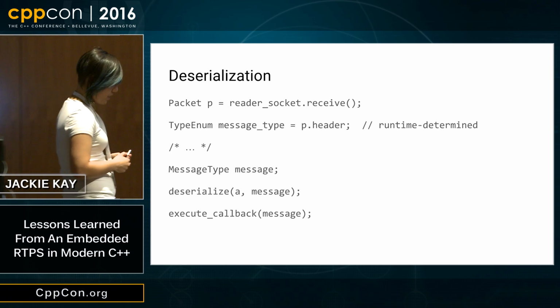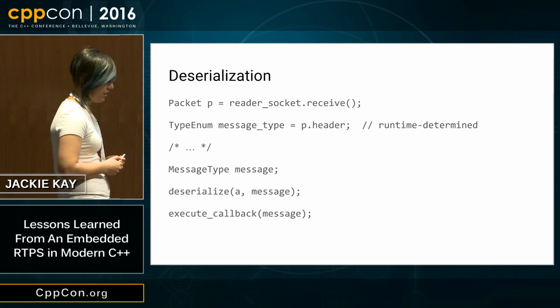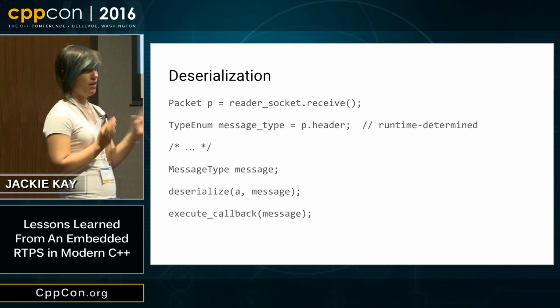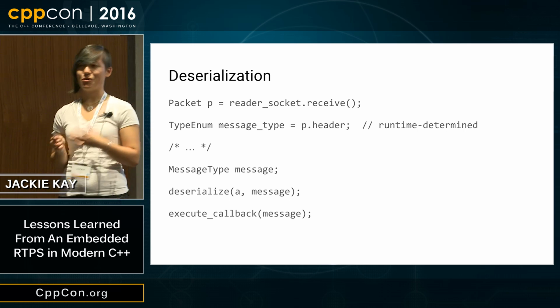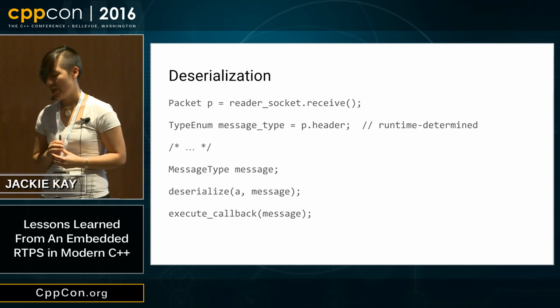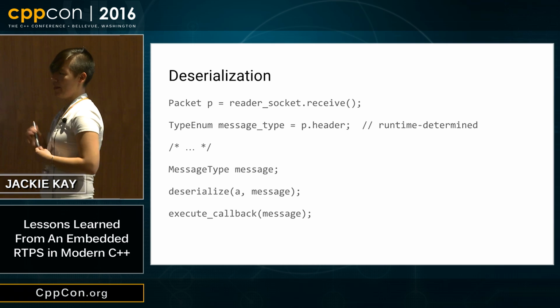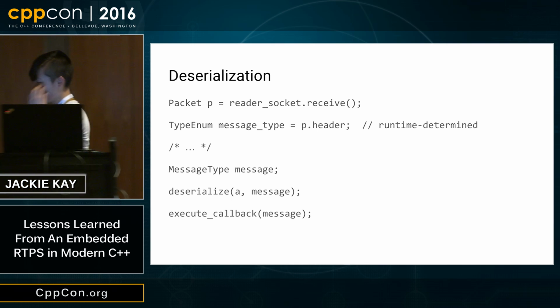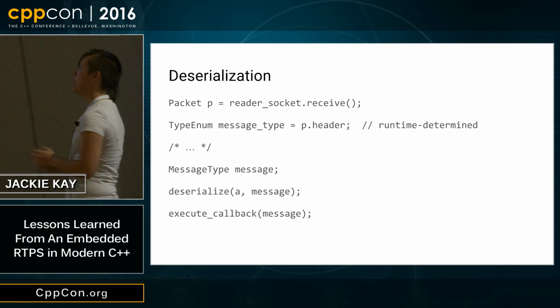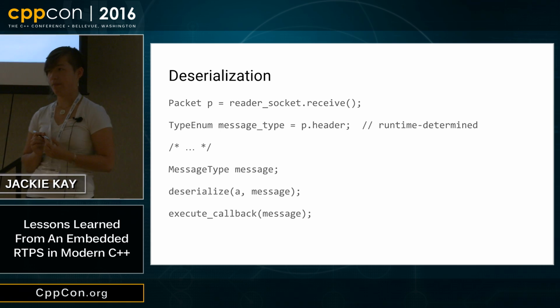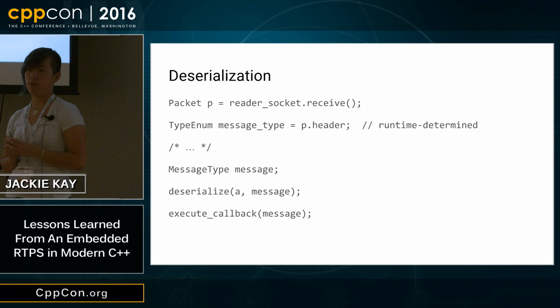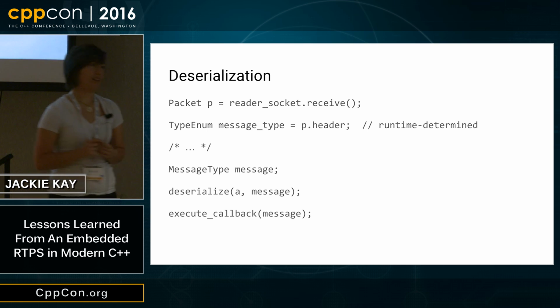So that's the actual process of stuffing your user-defined types. When I say user, I mean user of the library. There's another kind of tricky thing here, which is that when you are getting a packet off of a socket, you don't know what type you're going to get.